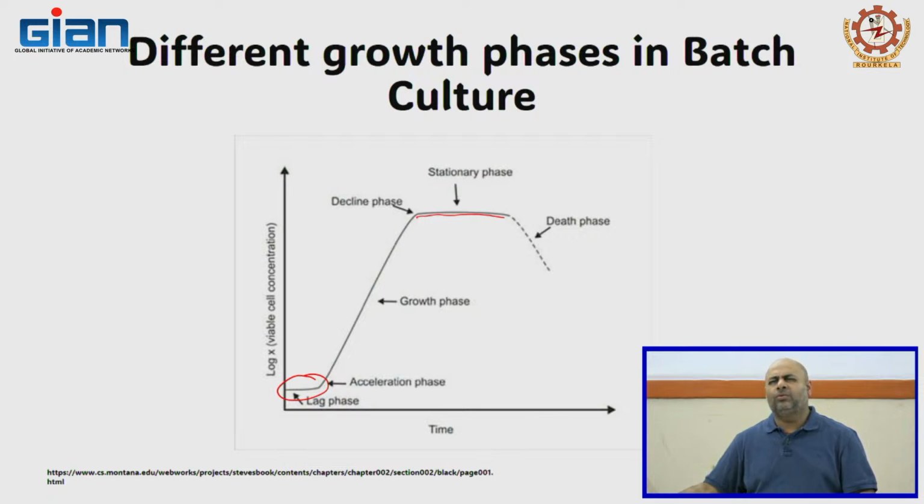Now, do cells produce products as they are growing? In their growth phase, what sort of product will a cell produce? Primary metabolites.